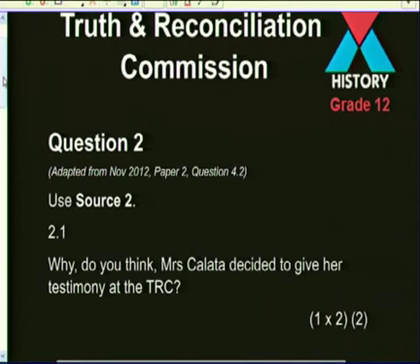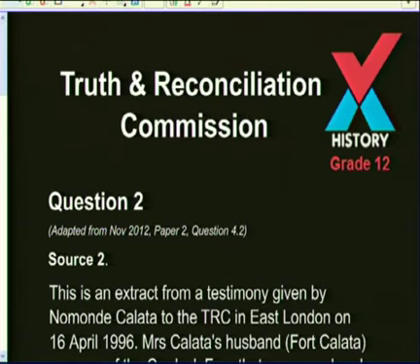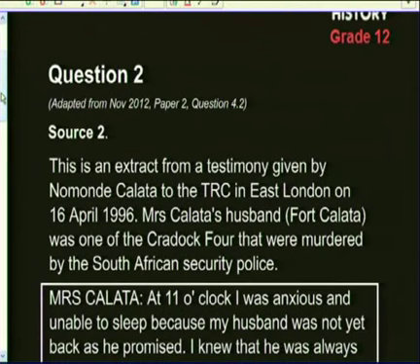And then the next question is question 2, which now refers to a different source. Now, before we look at this question, let's look at the source. The next source is an extract from a testimony given by Nomonde Qalata to the TRC in East London on the 16th of April 1996.